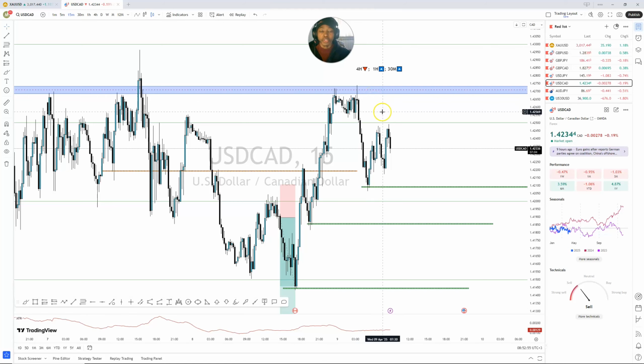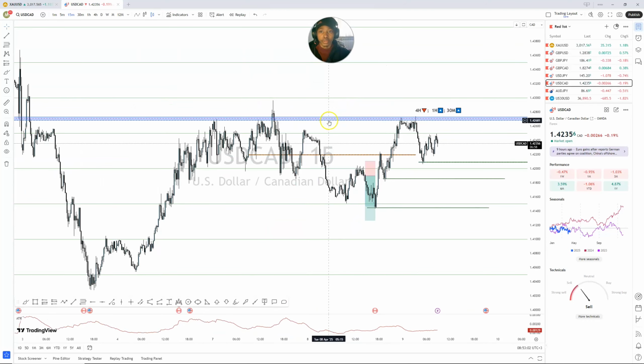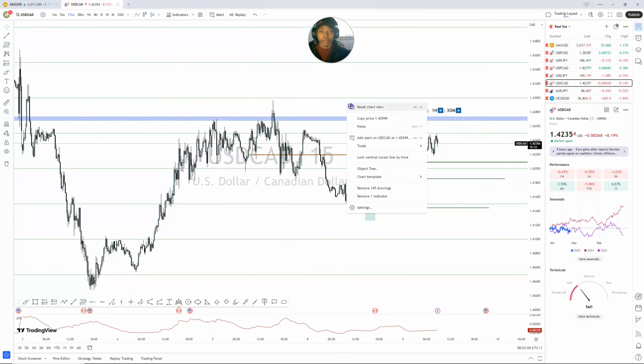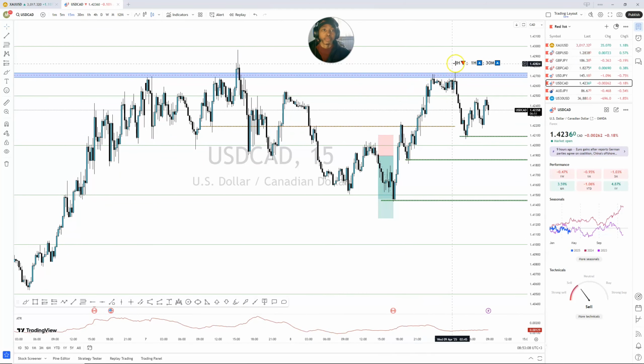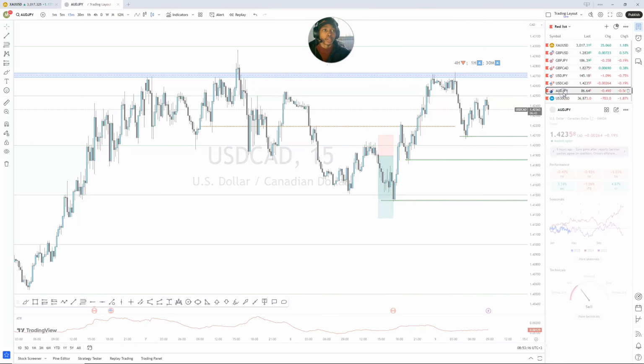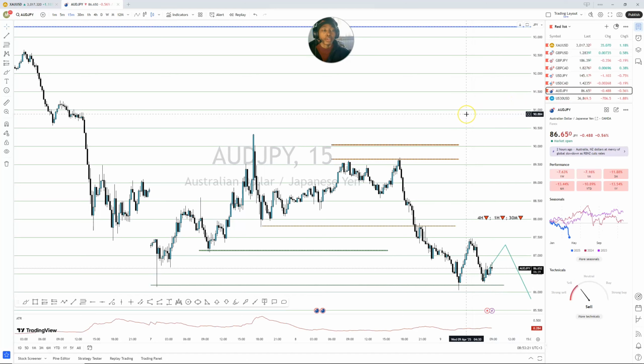So the most reasonable thing to do would be taking a long position, but due to this reaction, this break and retest of the 4 hour psychological level, it signals the downtrend. So I'm not going to be looking at this pair. Then AUD, so all JPY pairs, they are simply downtrend.